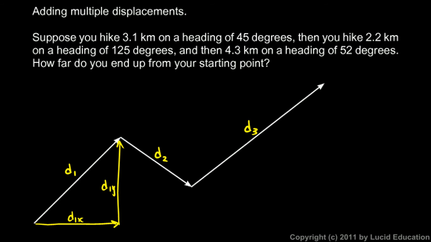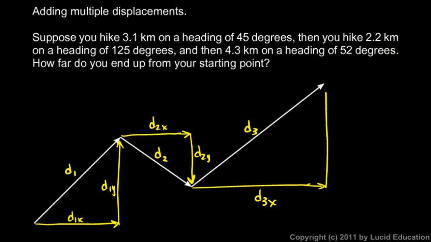Okay, and then for d2, d2 goes a certain distance to the right. How far d2 goes to the right, that's d2x. And then how far it goes vertically, in this case down, that's d2y. And then d3 goes a certain distance to the right, that's d3x. And a certain distance up vertically, that's d3y. We're going to find each of those.